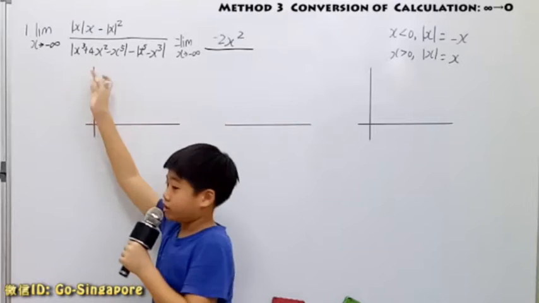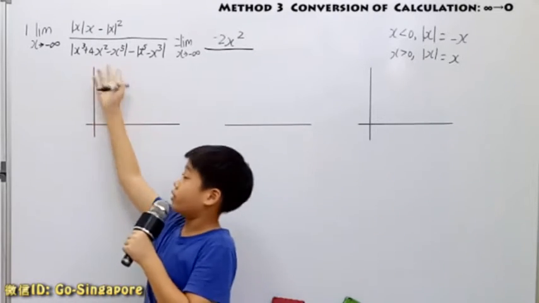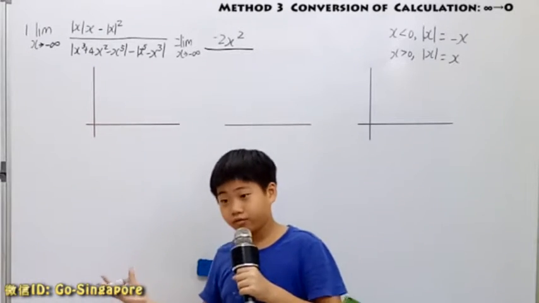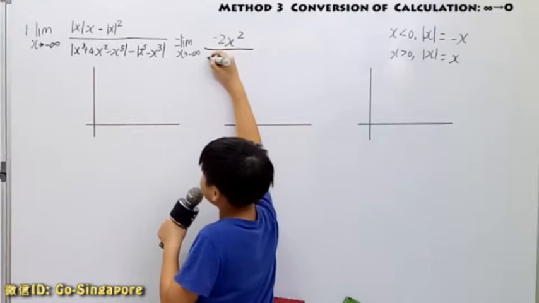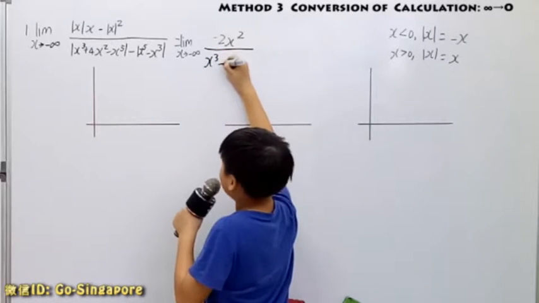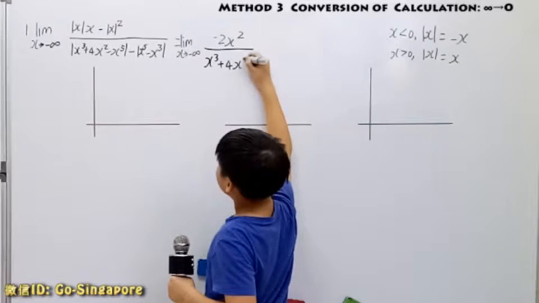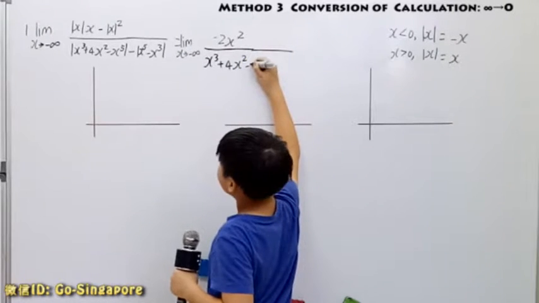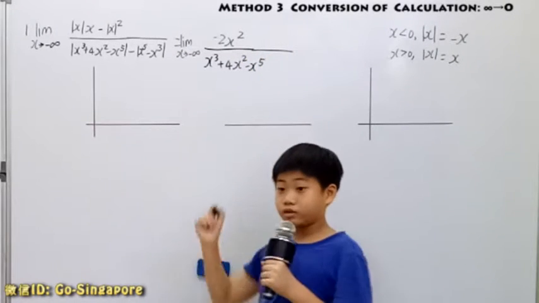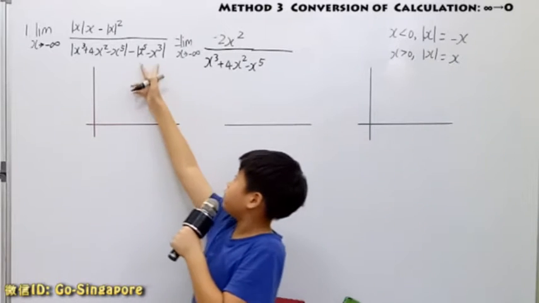So for this part, we don't need to worry, as when you plus the x to the power of 5, it's still a positive. So it's actually like this.